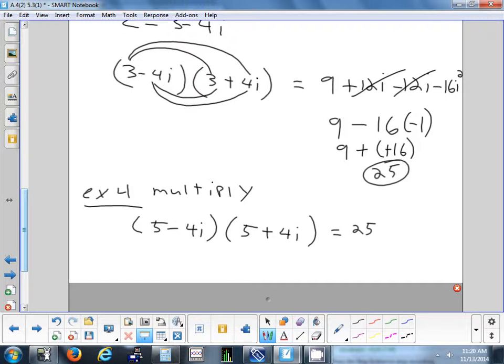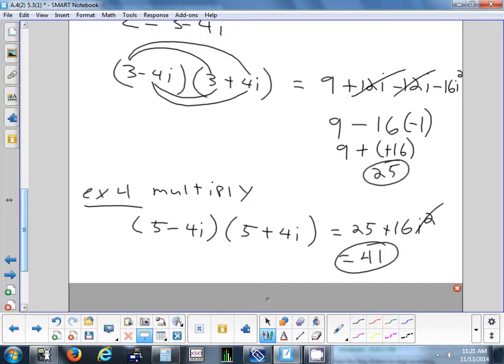And then the last part, that's a negative 16 i squared. I know that i squared is a negative, which is going to cancel that negative. So all it ends up being is 25 plus 16. And that's how I got 41 in my head.